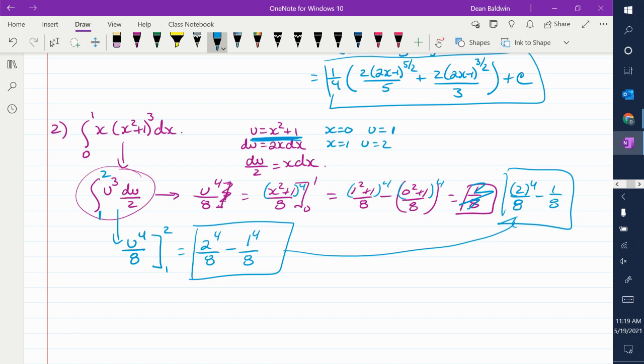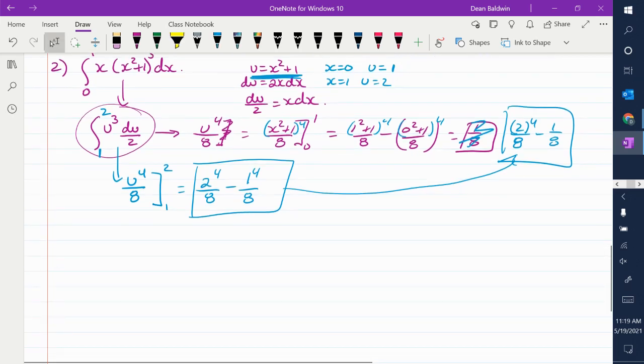It's usually faster to do that. Okay? So let's do one more, and then that'll be it for today. Oh, I would. I'm lazy right now, that's all. No, that would be a number. 2 to the 4 is, what is that, 16? So 15 over 8 would be your answer.